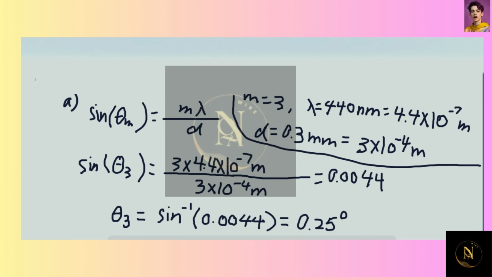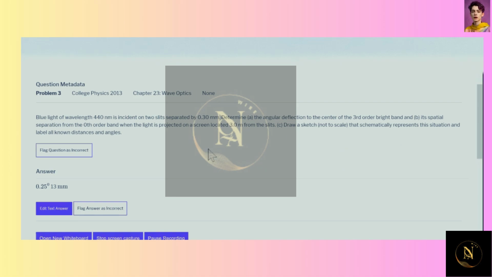And for question B, we need to find the spatial separation from the zeroth order band when a line is projected on the screen located 3 meters from the slits. And we are so lucky, there's also a formula for such questions.